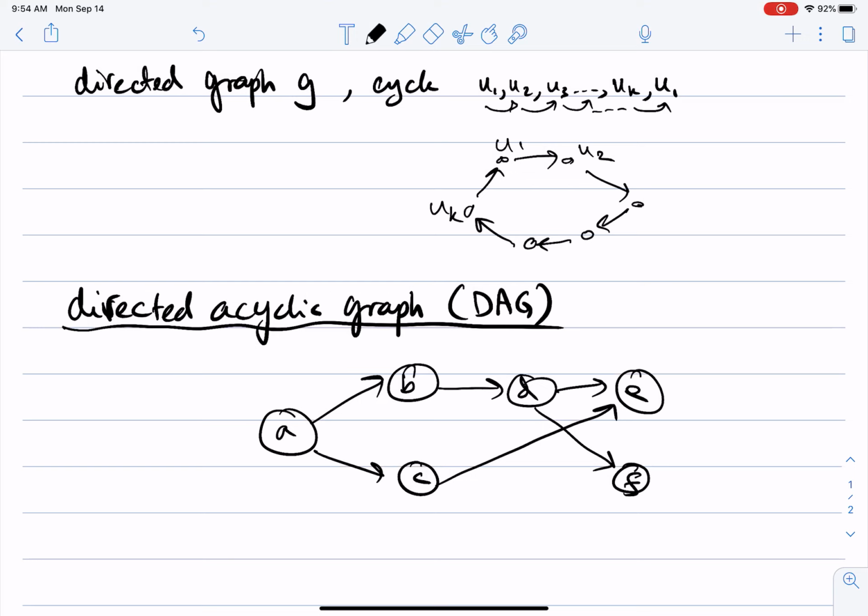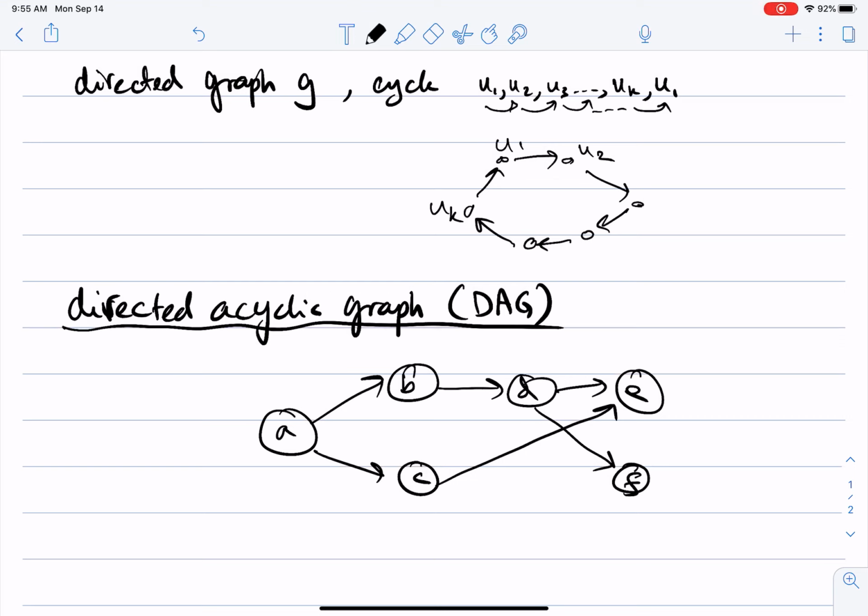Notice, for example, 182 can be a prerequisite to 215, 182 can be a prerequisite to 382, and 382 might not be a prerequisite to 215, and 215 might not be a prerequisite to 382. So the directed graph that captures the prerequisites of courses is a directed acyclic graph.